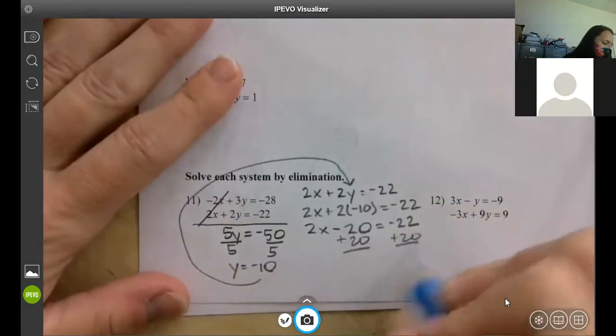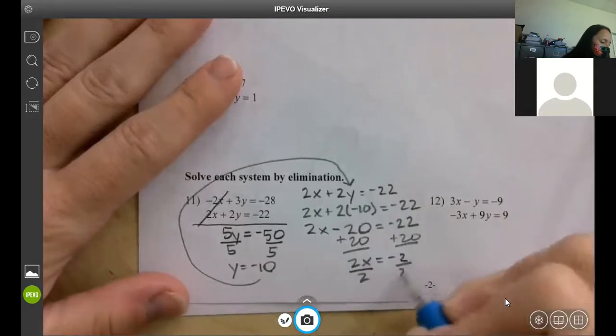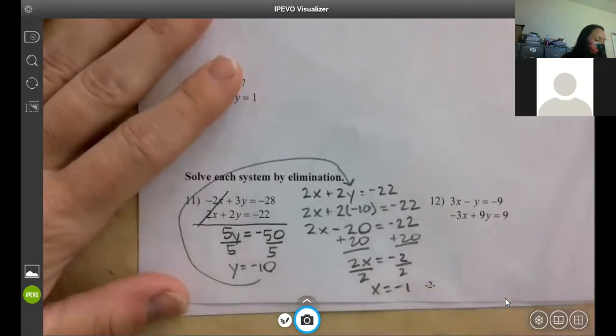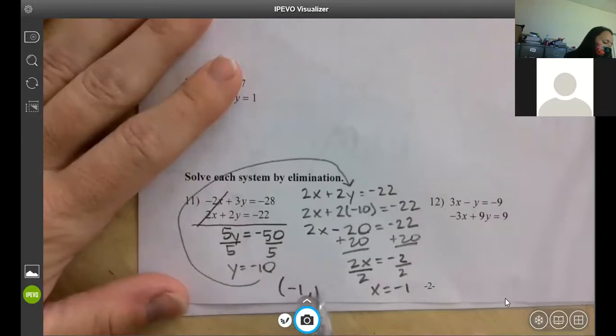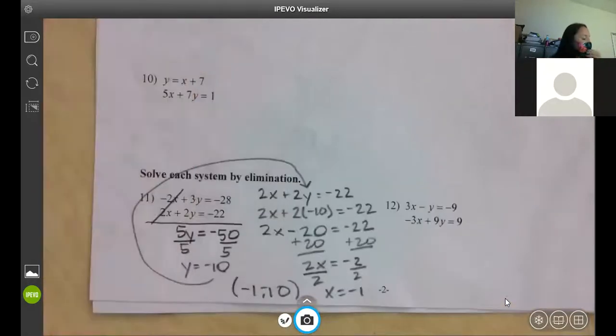Add 20. We get 2x equals negative 2. We're going to divide by 2. And x equals negative 1. So your coordinate answer is negative 1, negative 10. Again, you can also do it through Desmos.